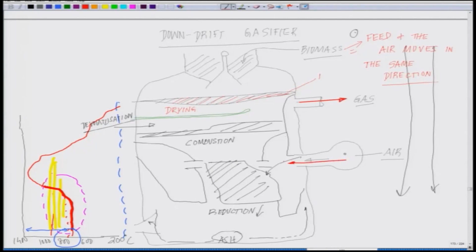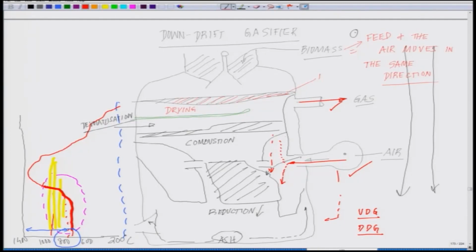From here, air can either move up. Of course, if the air chamber is somewhere out here, then we call it updrift gasifier, UDG. And if the air is moving in this direction along with the movement of the feed, then we call it downdrift gasifier. But here realize that the gas emission and the air are at different levels.